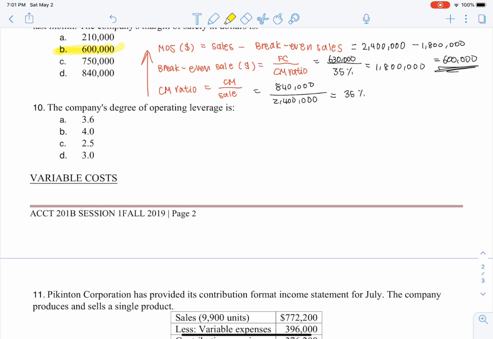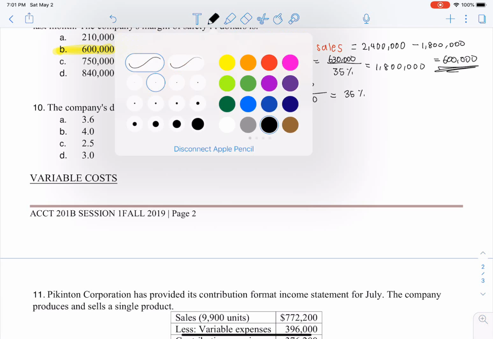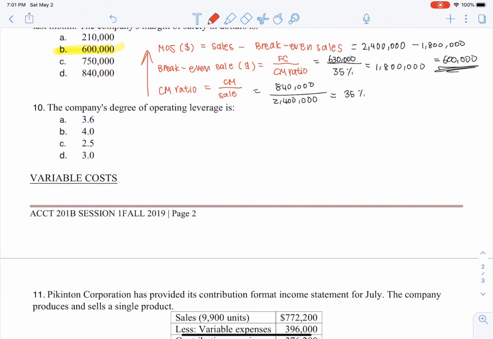Number 10. As for the company's degree of operating leverage, the formula for this one is really simple. Degree of operating leverage, I'll just put DOL for this one, which is the contribution margin divided by our net income.